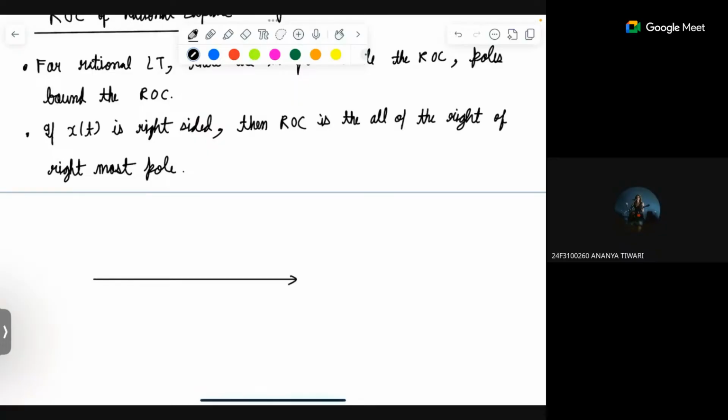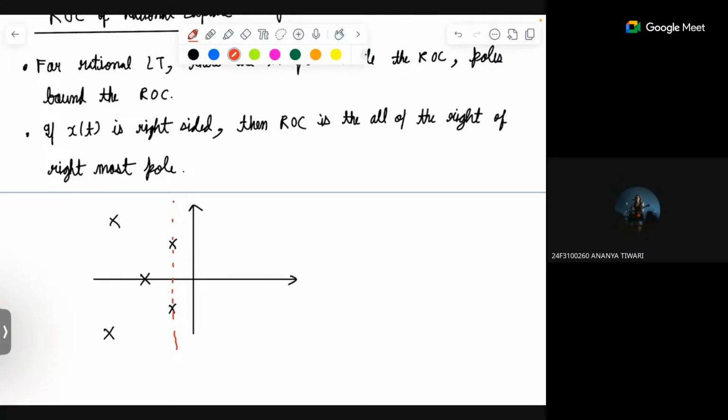Suppose this is my s plane. Suppose I have poles like this. What I'm saying is, if x(t) is right-sided, then which is the rightmost pole? These are the rightmost poles, right?